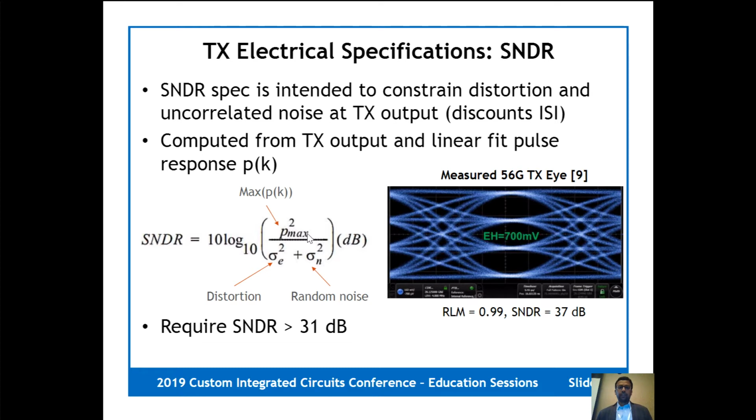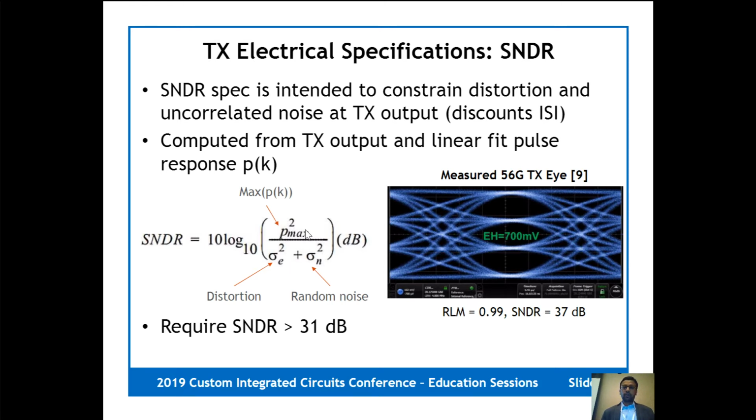It's defined as the ratio of the signal content in your transmitter output to the systematic distortion, or systematic deviation, introduced in the transmitter output from what you would have gotten with an ideal linear transmitter, and also the additional random noise that's added.